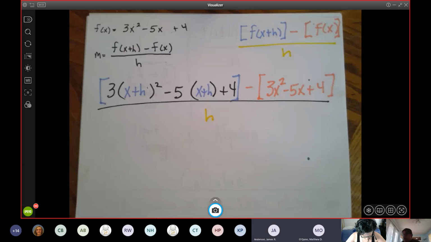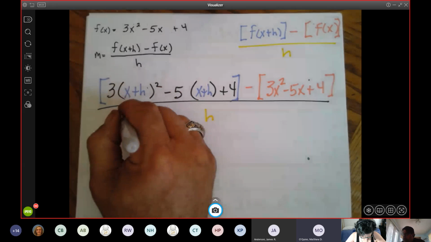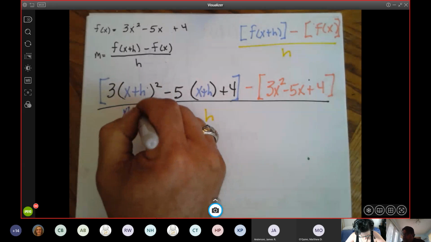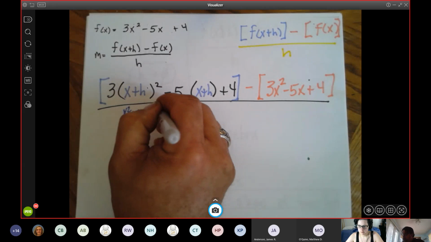Okay, so I'm going to write real small here: x squared plus 2xh plus h squared.